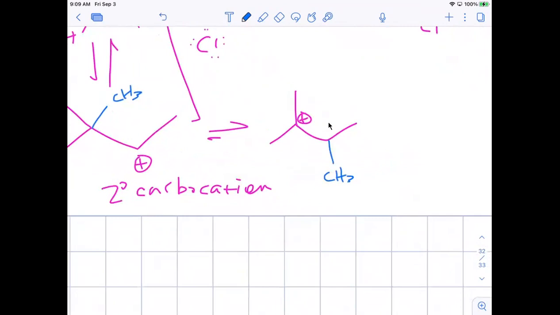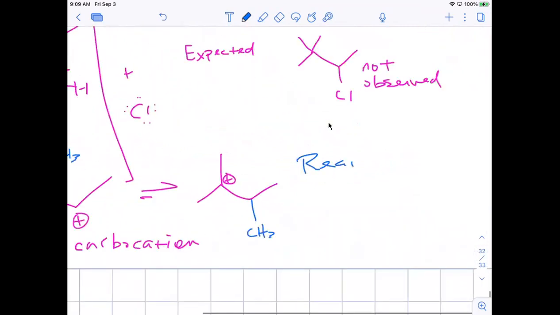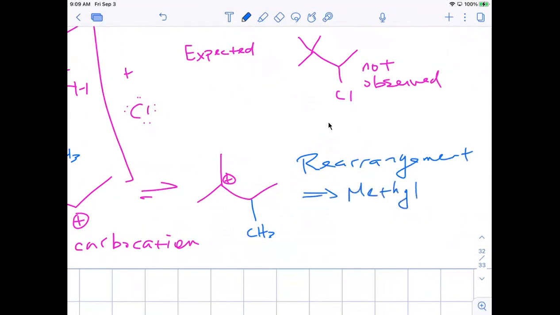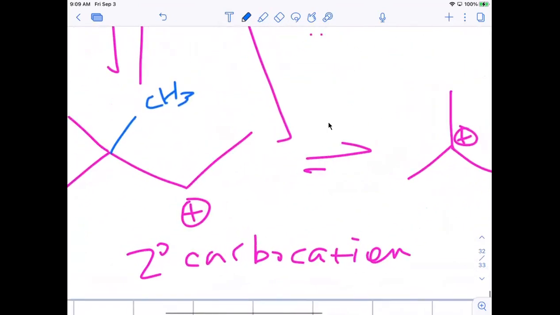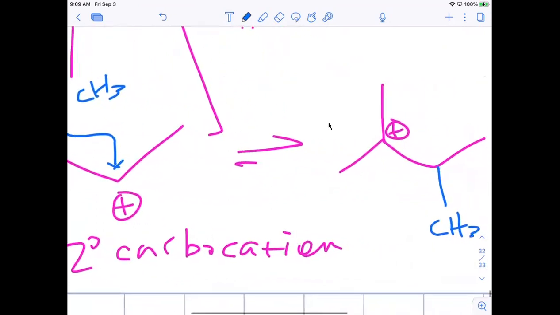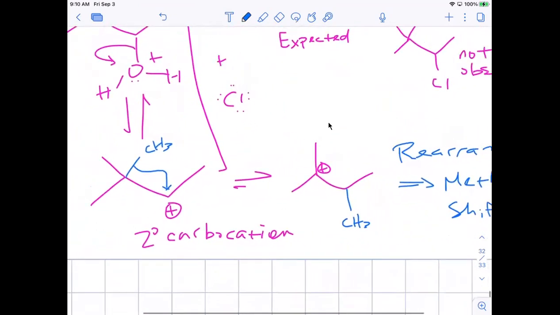So in this case, the type of rearrangement that happens is called a methyl shift. Right, so I'm actually taking this entire sigma bond and I'm shifting it to here, right? So that methyl group is going to move over.